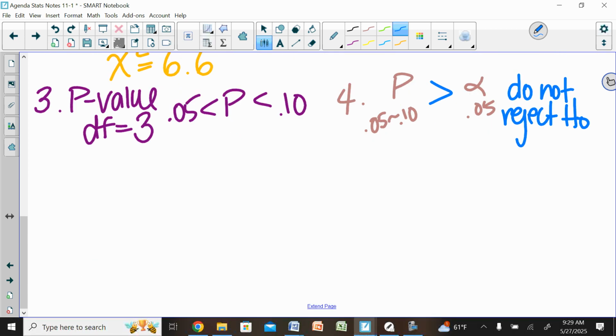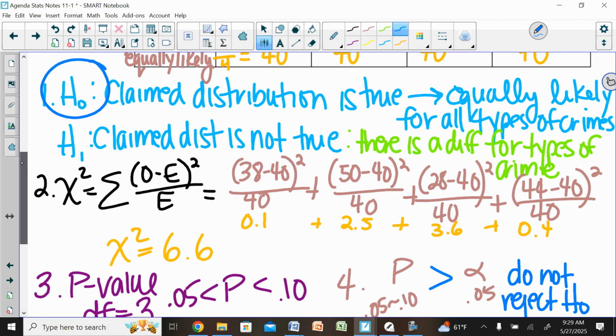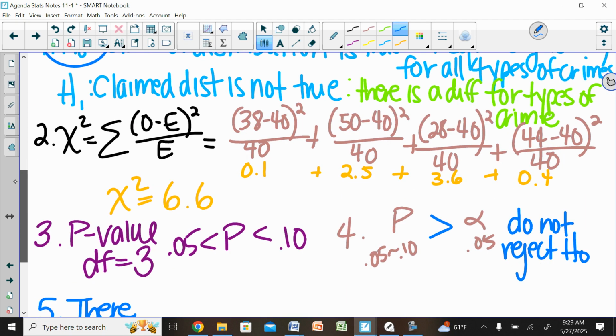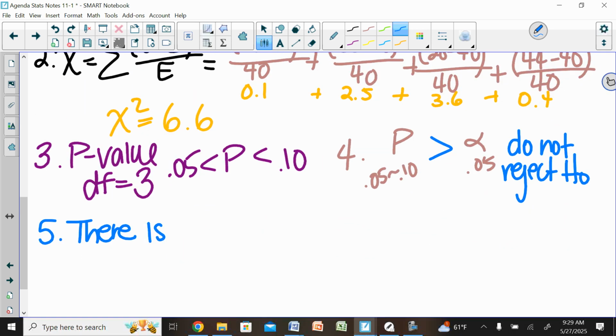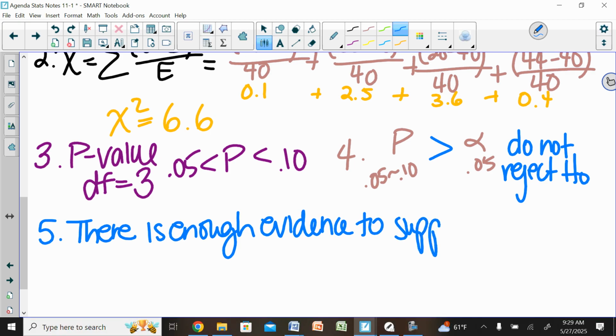So how do I write this? Step 5. What was my claim? There is enough evidence to support the claim that all 4 crimes are equally likely.